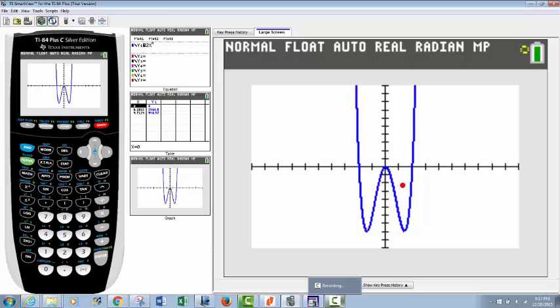Well, actually, they do get large in a hurry, but that's still enough to tell us what we need.